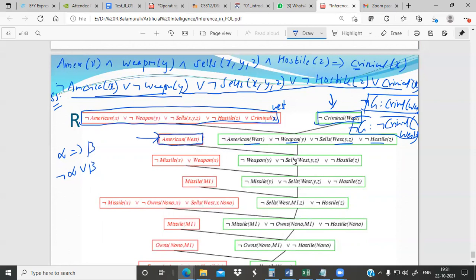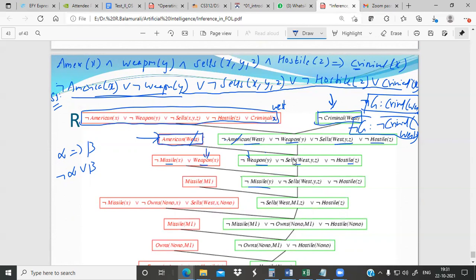When you resolve this statement with this one, this American and this American cancel. So you get not weapon of Y, not West sells Y to Z, and not hostile of Z. Again, in the knowledge base, we have a statement like not missile of X or weapon of X. Here we have weapon of Y, but these are just variables, so instead of Y you can write X, whatever it may be. Here it is weapon of X, here it is not weapon of Y, and both cancel out.